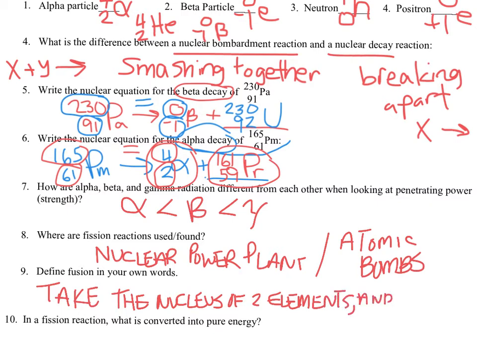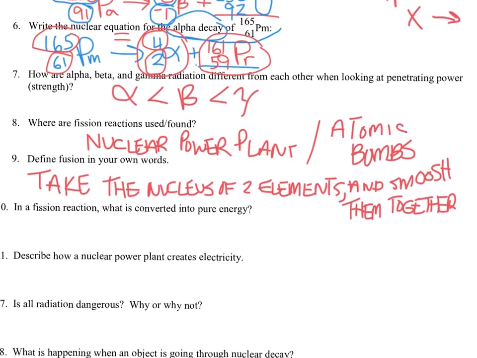I'm going to say, smush them together. Is smush a proper scientific term? No. But that's what's happening, right? The idea here is that you take two hydrogen nuclei, put them under such a hot and high pressure environment that they actually fuse or smush together to create a larger element. And it gives off tons of energy when it does that, right?